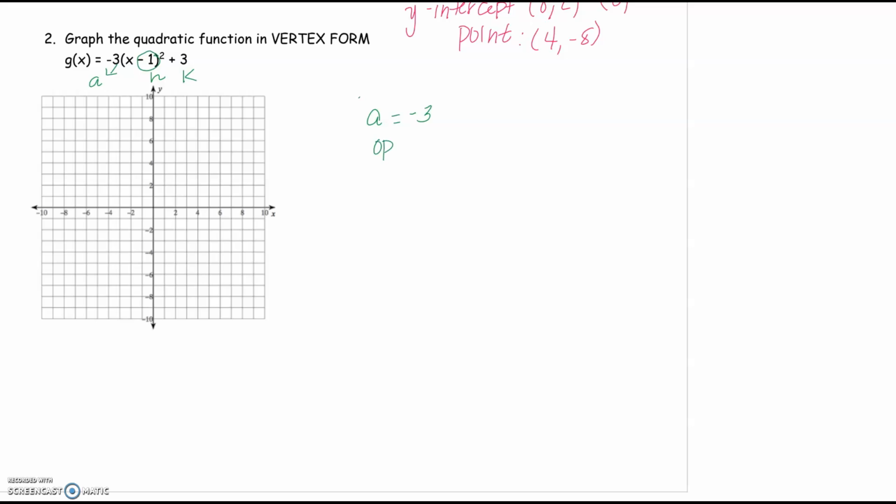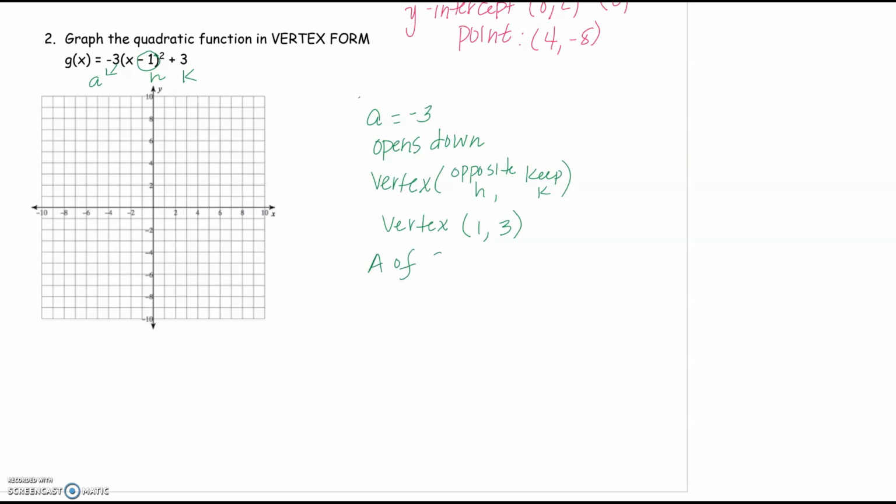How does this open? It opens down again. To figure out my vertex, remember, it's always the opposite of h. Keep k. I'm writing this just to help you when you go to do your own. So if I look at my h, it says it's negative 1, so the opposite is 1. Keep k, that's 3. It's 1, 3.